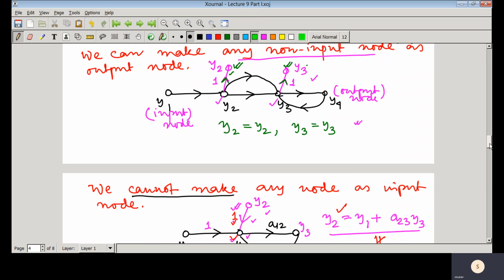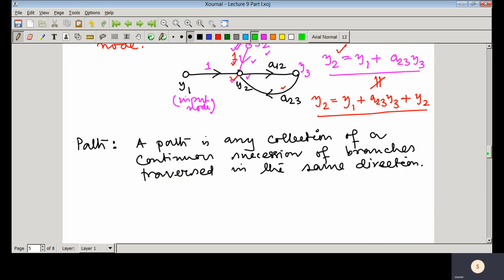So in this particular signal flow graph, we have the path y2, y3, y2. This is one path. Another path is y3, y4 and y3. Another path is y2, y3, y4, y3, y2.